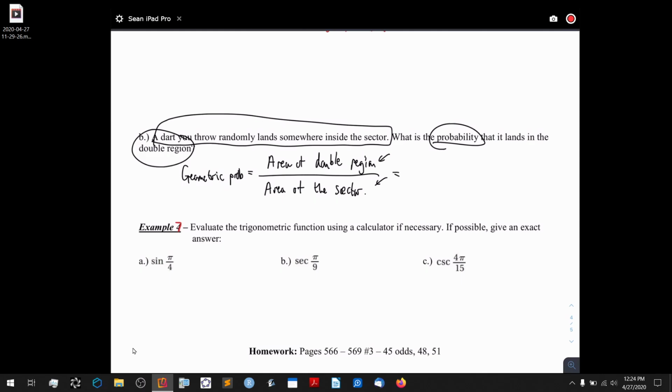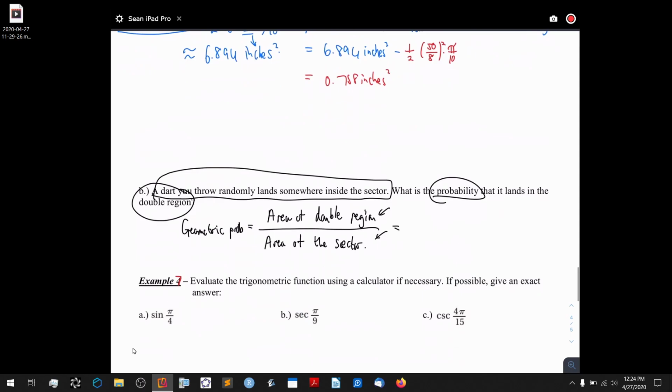Fortunately, we've already done all the calculations here. It's about 0.758 inches squared, over about 6.894 inches squared. Then you get an approximation.